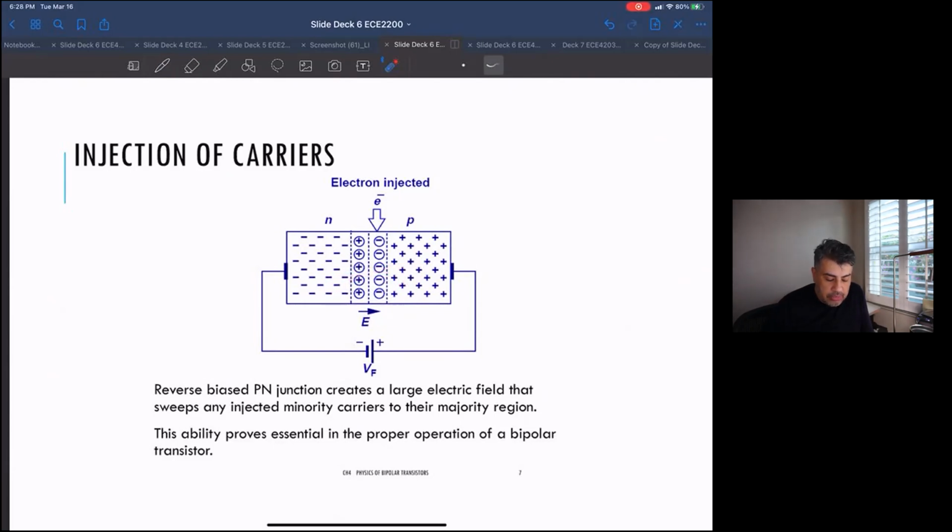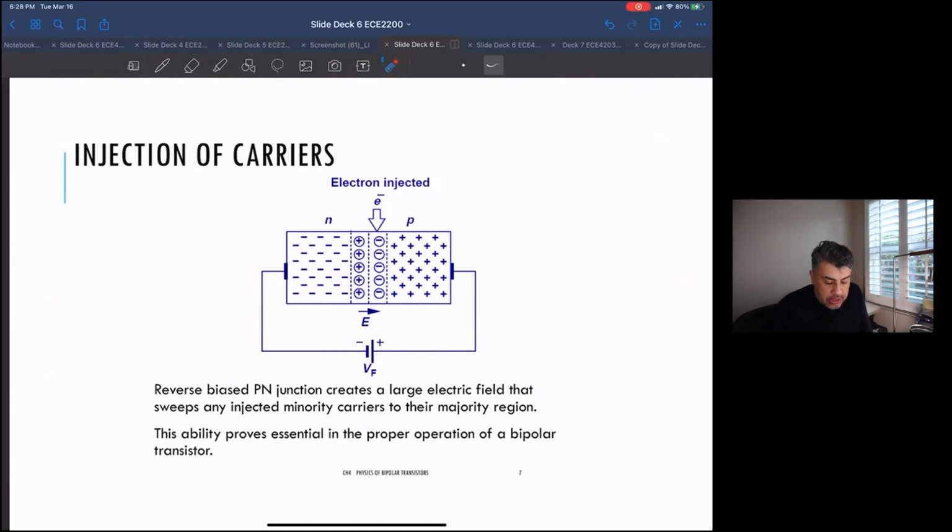You're going to remember all this stuff, and it's exactly enough to stop the diffusion current from the N to the P. The electric field also stops the flow of holes from the P side to the N side. It's exactly the right amount to stop that diffusion current, and so you're stopping current flow, okay?